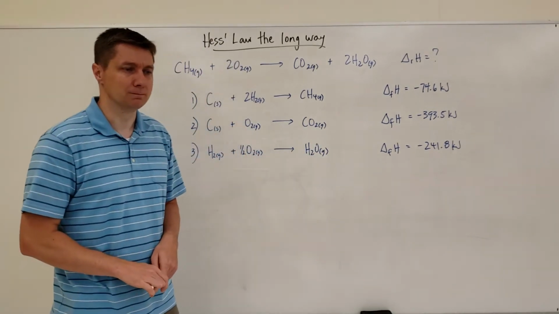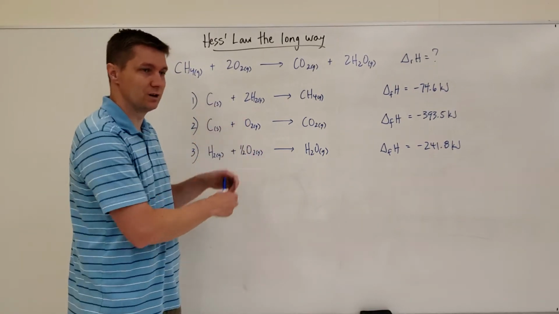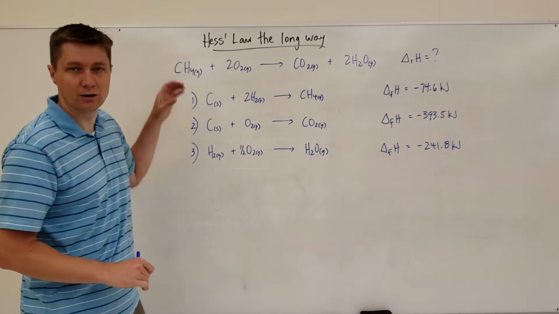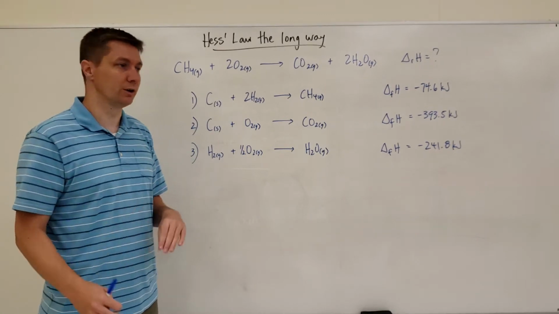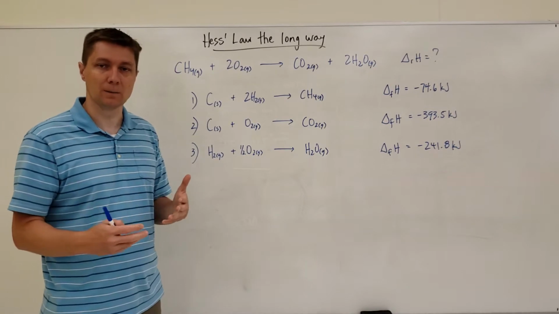The analogy I like to draw is that this reaction right here is the picture on the box. This is what we have to try and rebuild using these smaller puzzle pieces here.